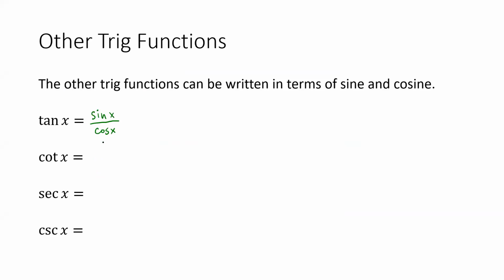Cosine over sine. Good, it's just the flipped over version. How about secant? I believe that's 1 over cosine. Very good. The last one should be 1 over sine. Very good, okay.